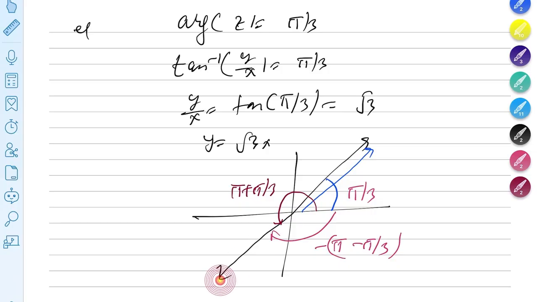It's not pi by 3 and pi plus pi by 3. So if you solve with coordinate geometry, it turns out to be a line, but with the concept of complex numbers, it is a ray.